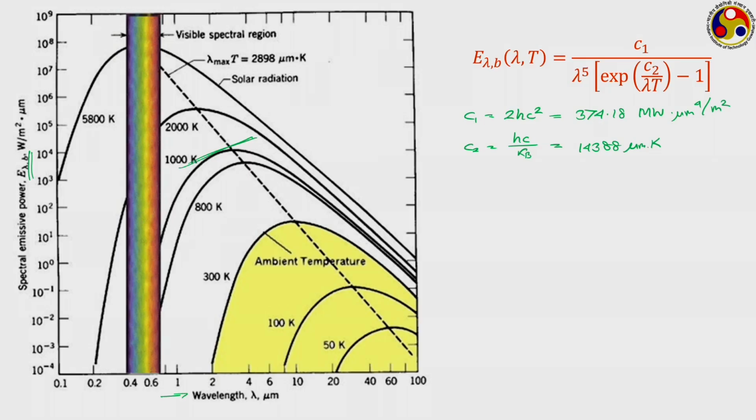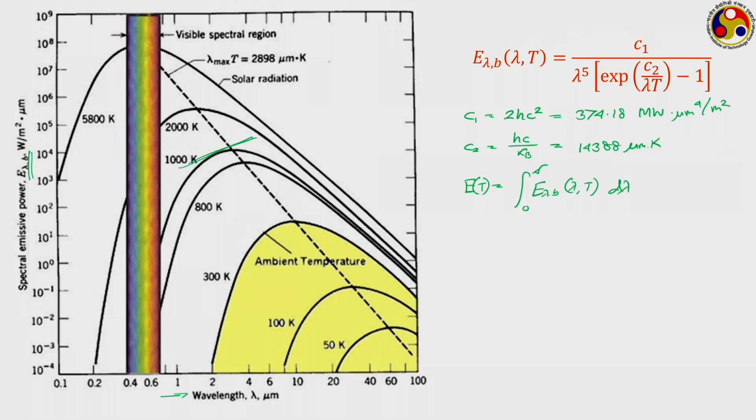So, C1 and C2 are given, and now if we want to know the value of total emissive power from this surface, then it will be equal to the integral from 0 to infinity, and this total hemispherical emissive power is a function of temperature.